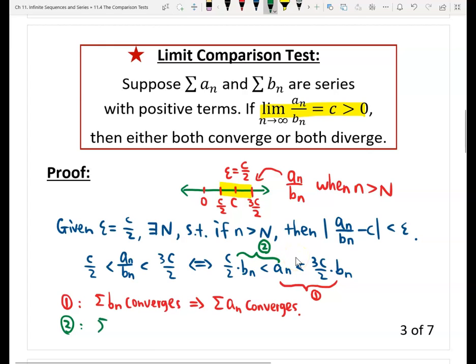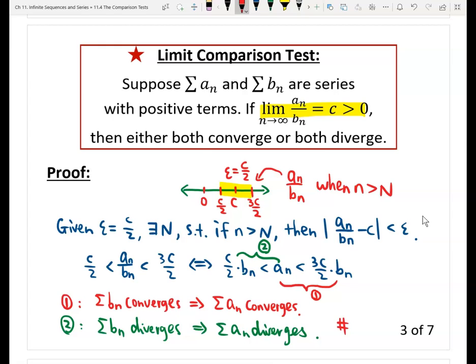Which means if bn diverges, we can find an diverges too. Do you think this is the proof? Yes, it is. If bn converges, an converges; if bn diverges, an diverges. So both converge or both diverge. This is the proof for this comparison.